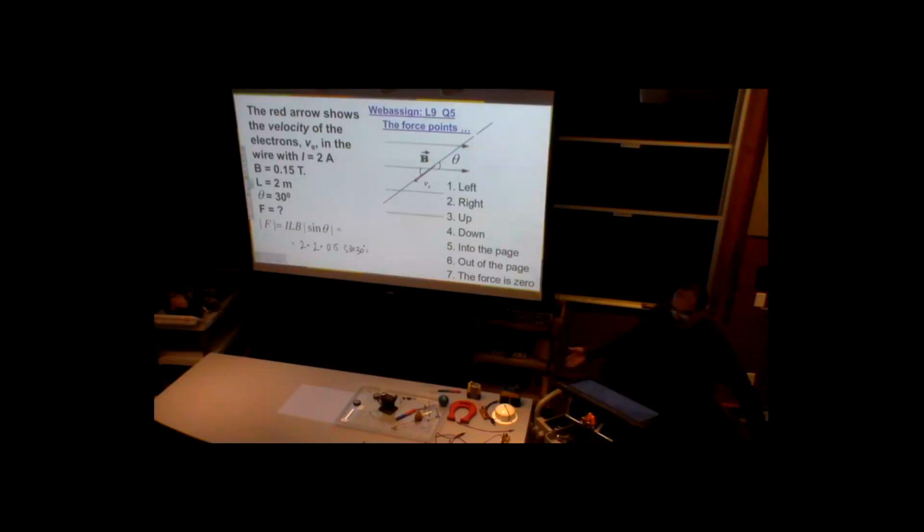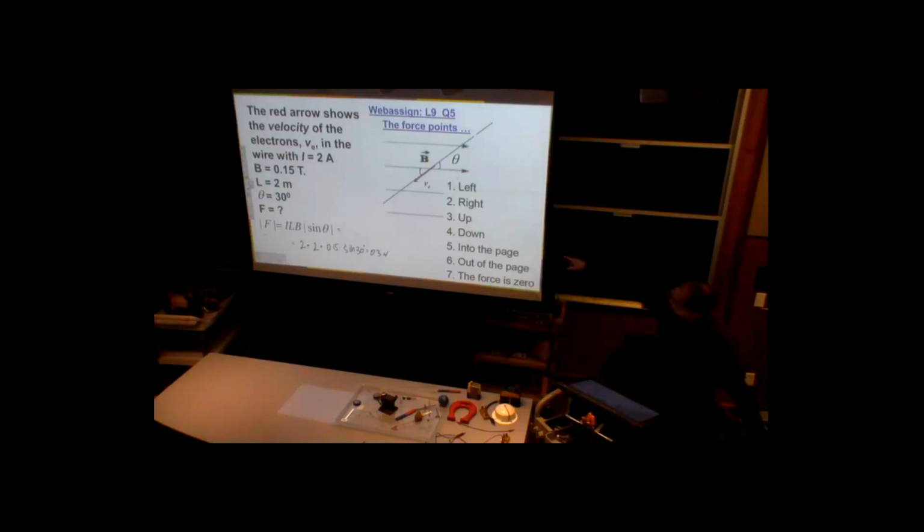If you know what to do, you just do it. If something is missing or something is not clear, you ask a question. So if you have any question, please ask a question. If you don't have any questions, just go forward. So the magnitude will be equal to 0.3. That's the magnitude.